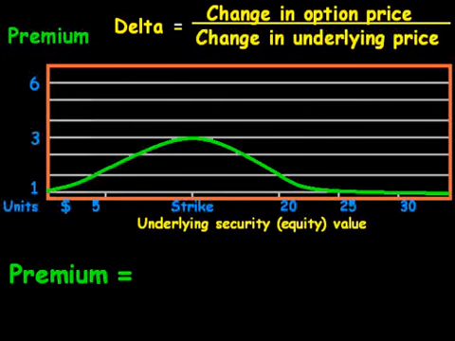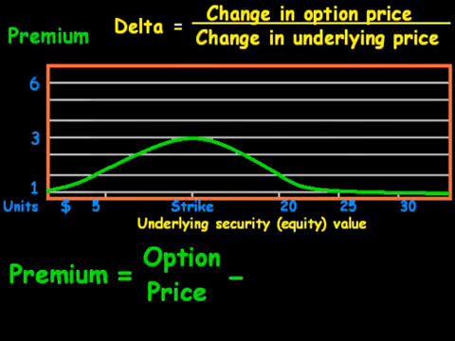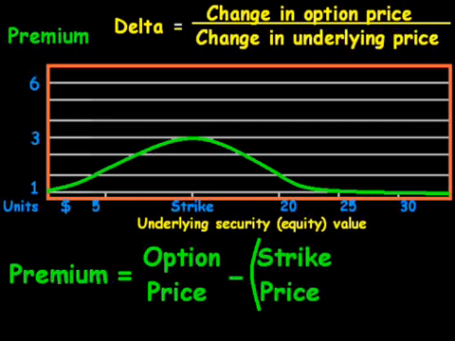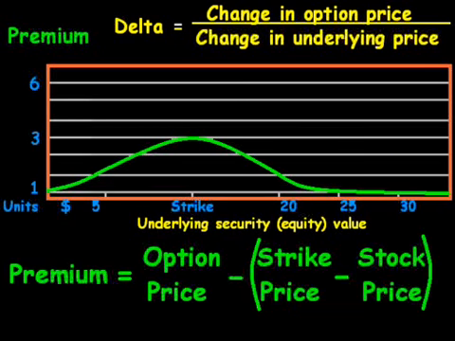First off, when you think of the premium as a number, or to calculate it, the premium is going to equal the option price currently trading in the market, minus the difference between the strike price and the stock price for puts.